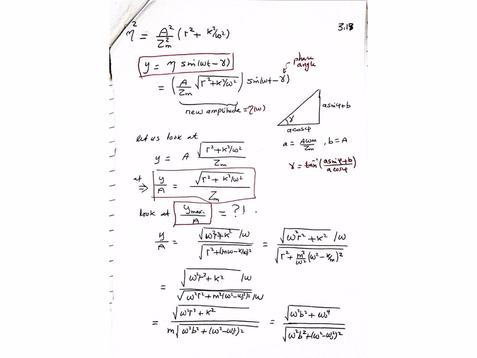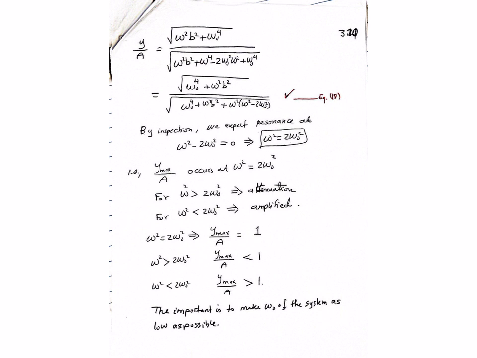Now substitute for y max, and notice that Zm is the square root of r squared plus omega m minus k over omega, the whole thing squared. And then we have to simplify this expression, as you see here, and then we finally get this lovely expression.